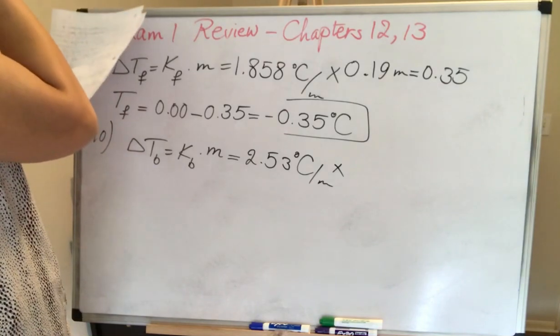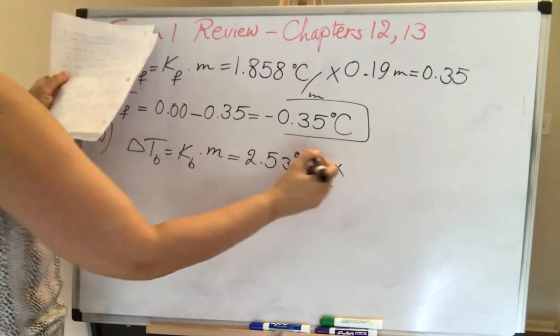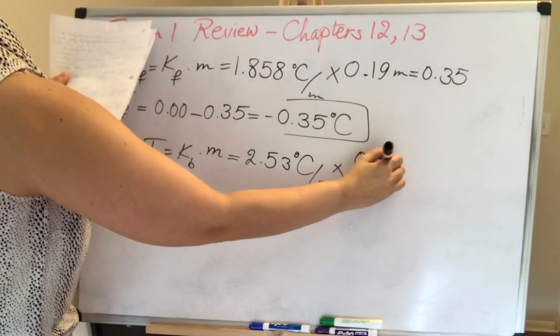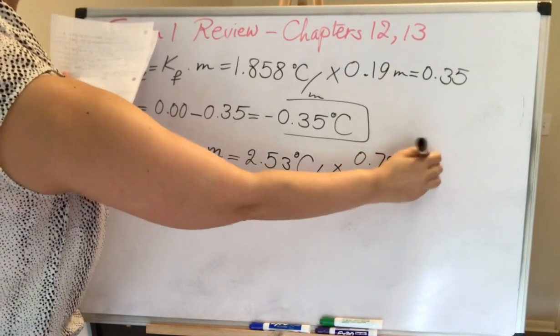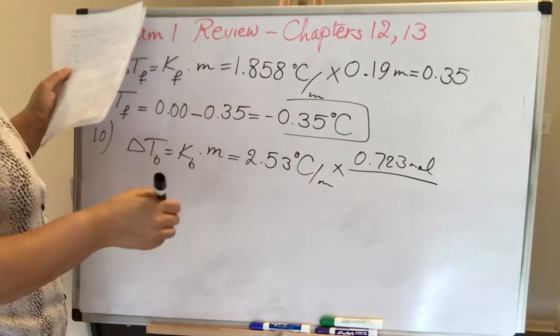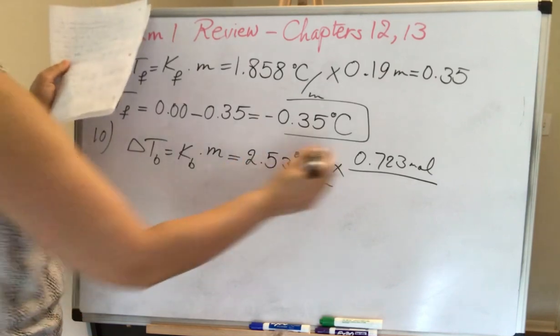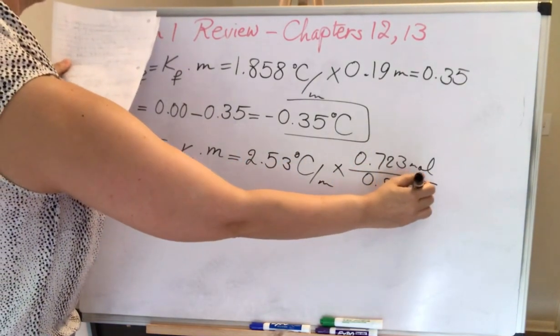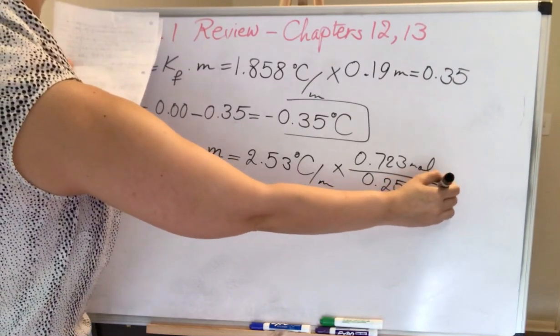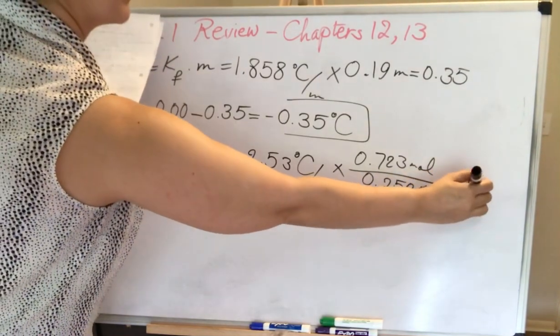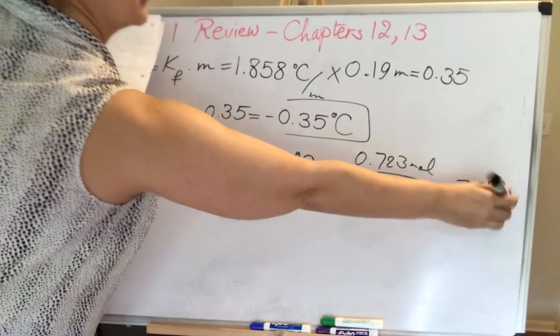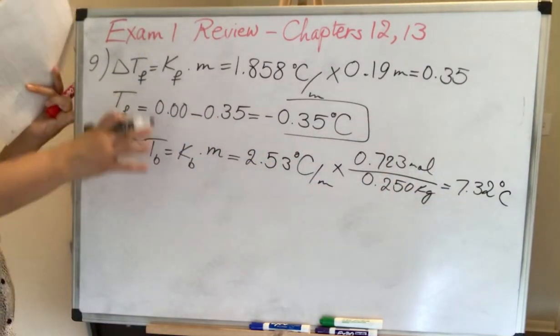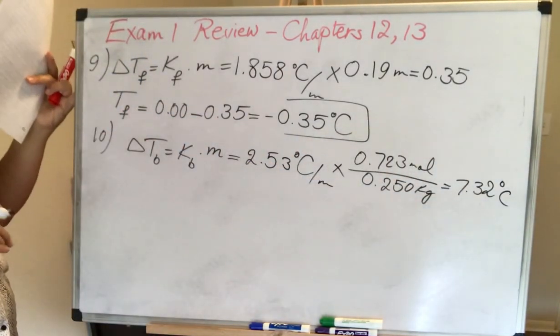The molality is 0.723 moles per, don't forget to change the grams to kilograms, 0.250 kilograms. So it will be 7.32 degrees Celsius. That's the change in the boiling point.